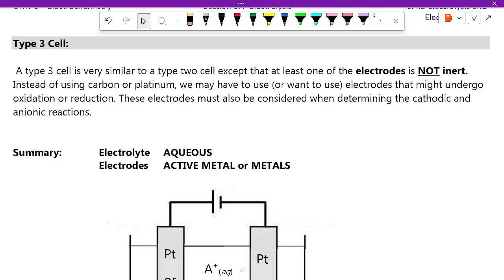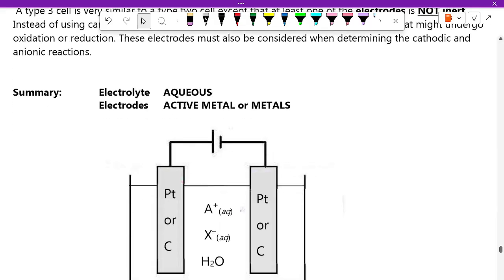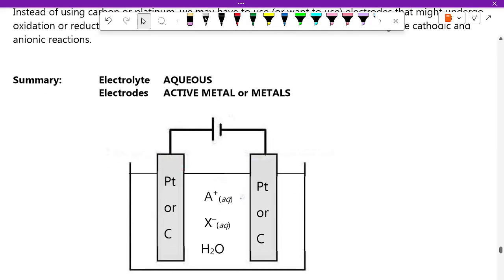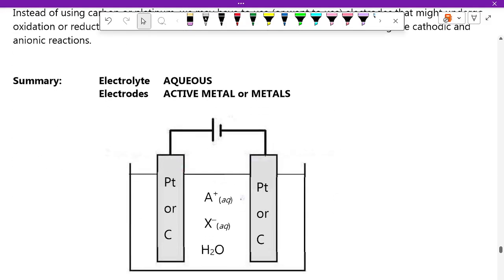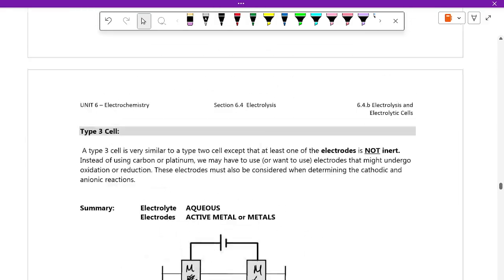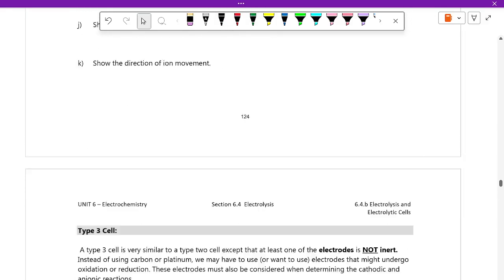Oh, and this is wrong. Oh no. This is wrong. Some metal. Whatever the next page is, 125.